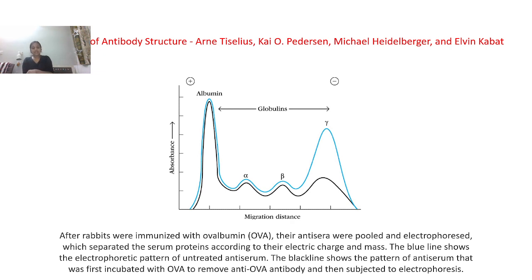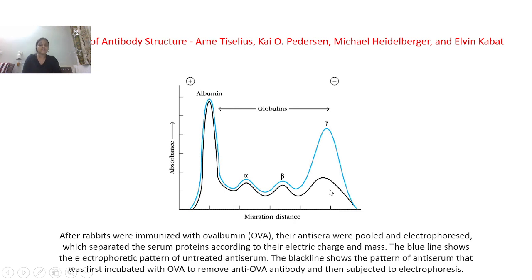So when they mixed that other serum portion with ovalbumin, one fraction precipitated. They discarded the precipitated portion and ran the other portion in the gel again. Then they saw that these three peaks are similar to the previous peaks. Only this blue gamma peak has reduced.